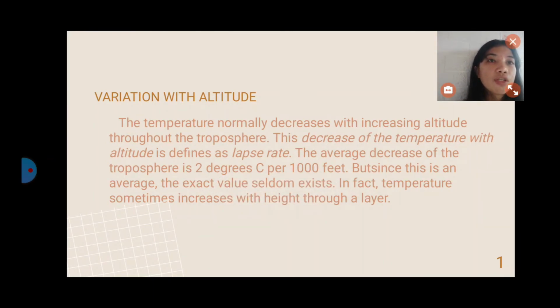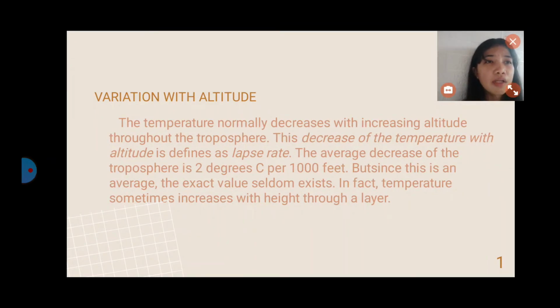So the fifth one is the variation with altitude. The temperature normally decreases with increasing altitude throughout the troposphere. So we all know that the higher the altitude, the lower the temperature will be. This decrease of temperature with altitude is defined as lapse rate. So remember, the decrease of temperature with altitude is what we call lapse rate.